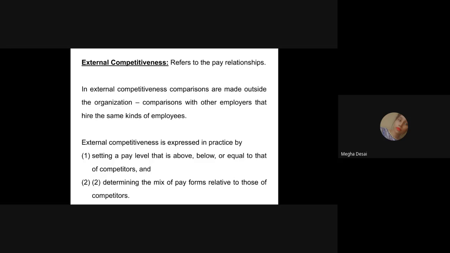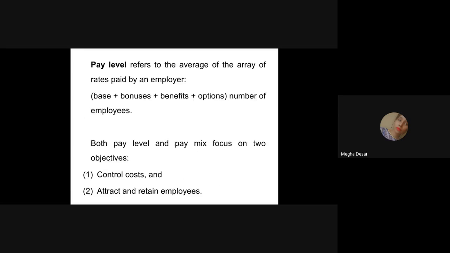Fine. There's something called pay level, which refers to the average of the array of the rates paid by an employer, or we say a range. Array is something like a range or some disclosure of what an employer will give to the employees.